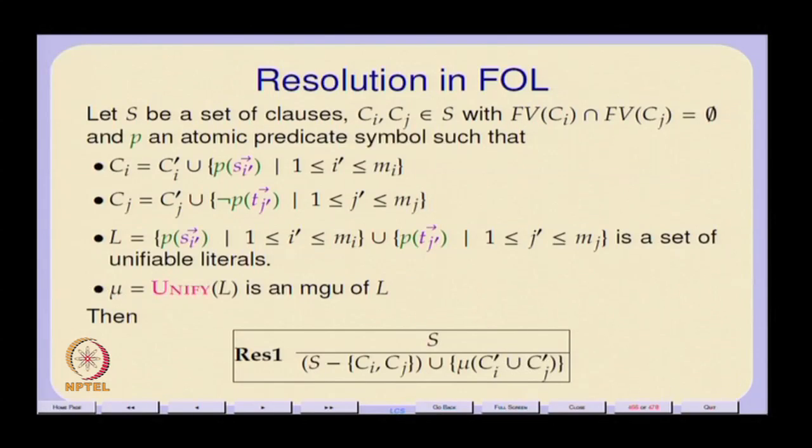What is left are only those which have not been unified, only those which are not in this set L. Only those terms are left. And essentially this unified version is what is a logical consequence of Ci and Cj.